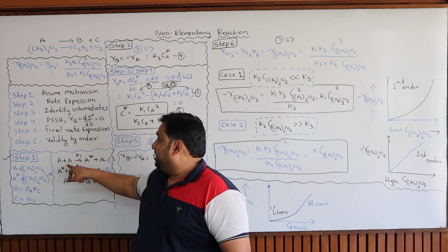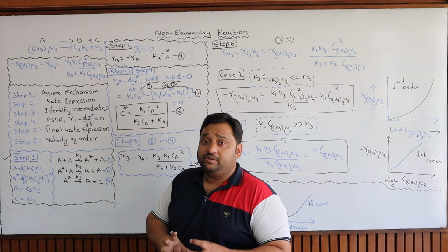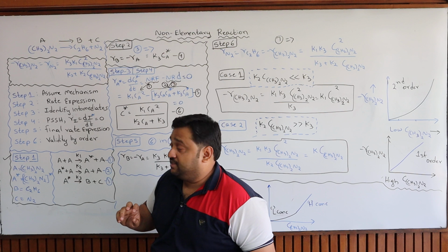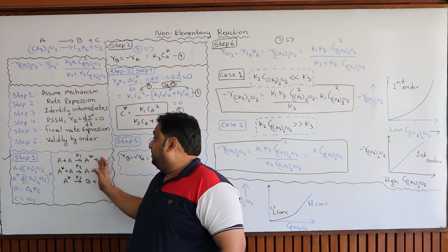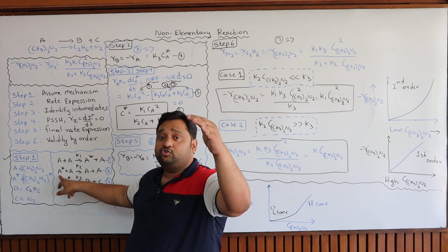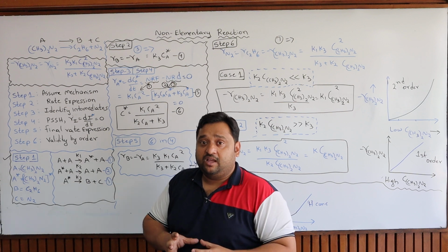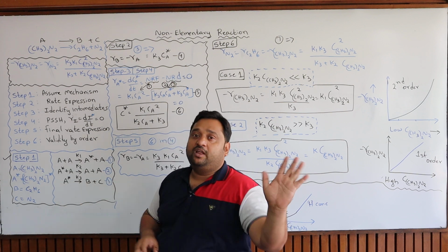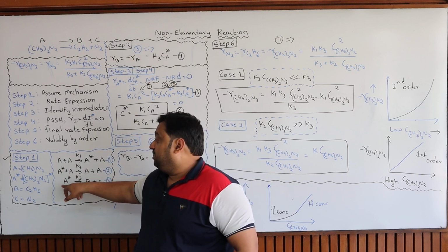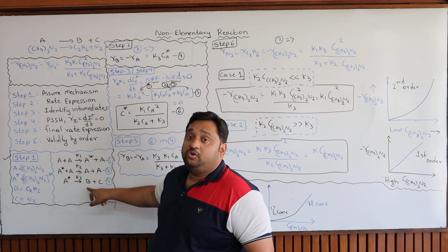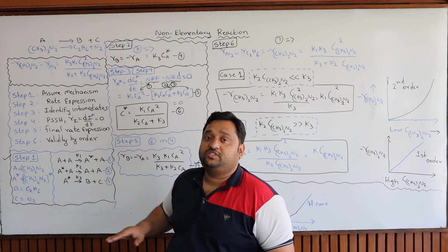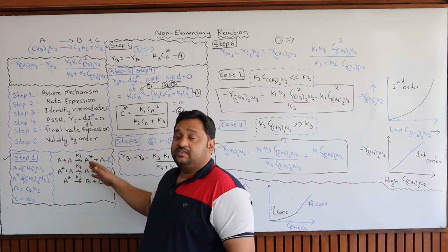One azo-methane molecule collides with another azo-methane molecule to become one activated azo-methane and one normal azo-methane. This reaction can also be backward. This is the forward reaction. In the backward reaction, one activated azo-methane and one normal azo-methane collide to become two normal azo-methane, so it comes back to the original state. In the third step, the activated azo-methane forms B and C, which are ethane and nitrogen. These are my assumed steps: first, second and third.